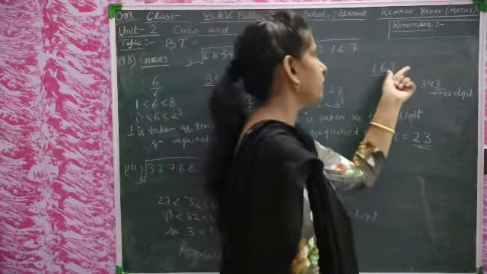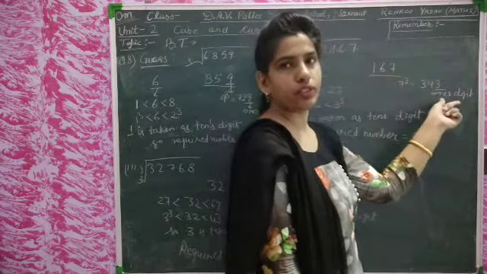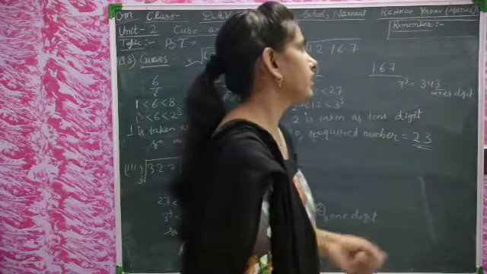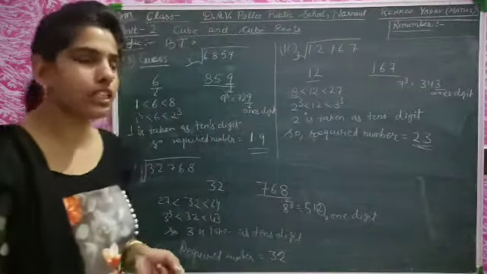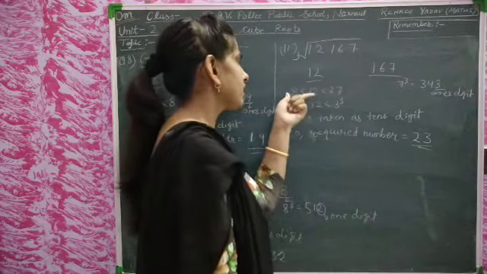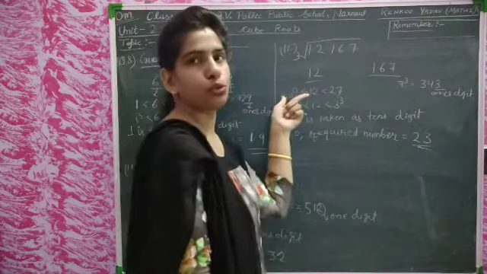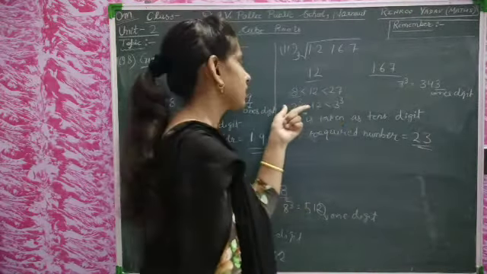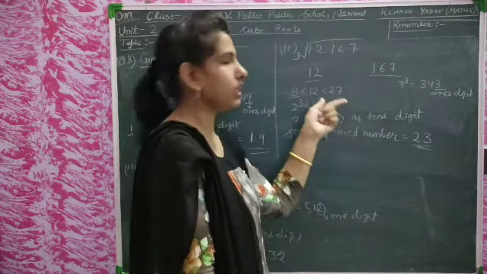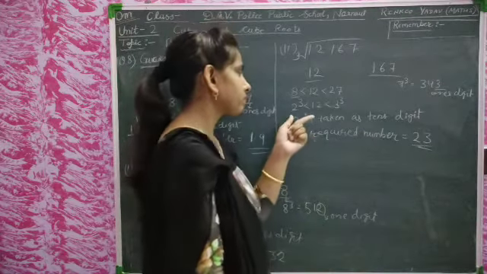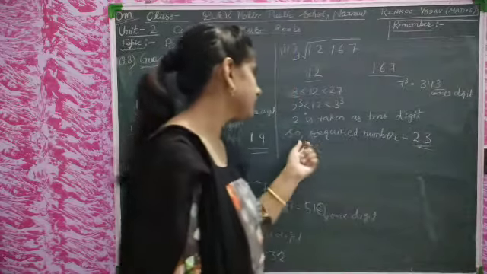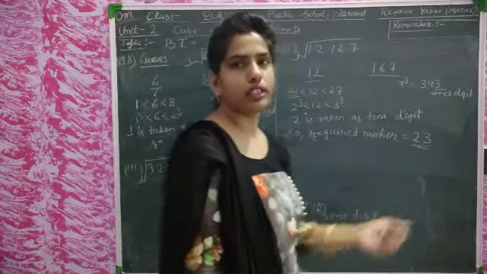In the first group, the cube of the ones place digit is 343, and its ones digit is the ones digit of the required number, and the tens place digit is made from guessing. 12 lies between two cube numbers that are 8 and 27. 8 is the cube of 2 and 27 is the cube of 3, and there is the number 12. So 2 is the smaller number that takes the tens digit place. So the required number is 23.